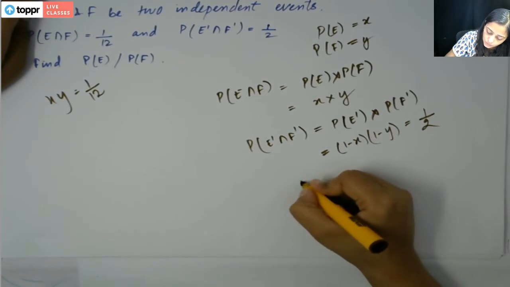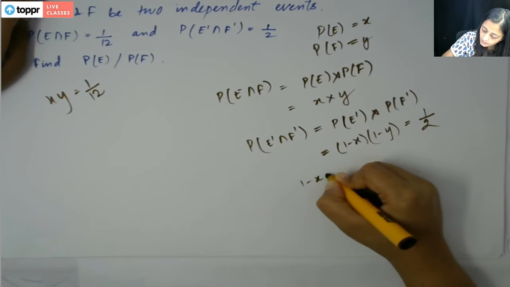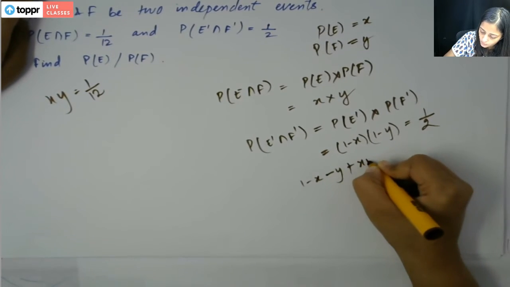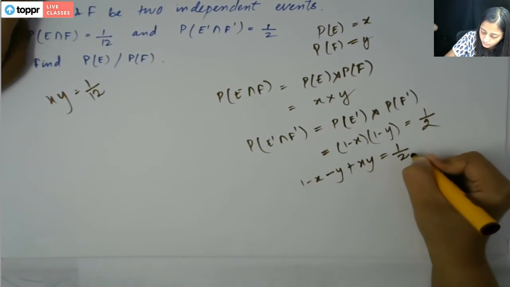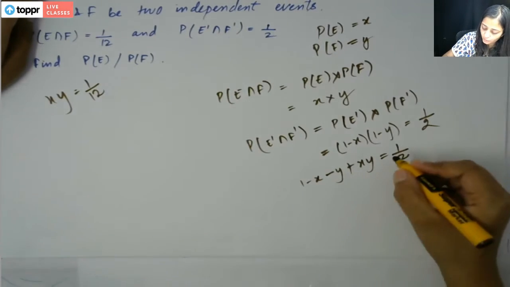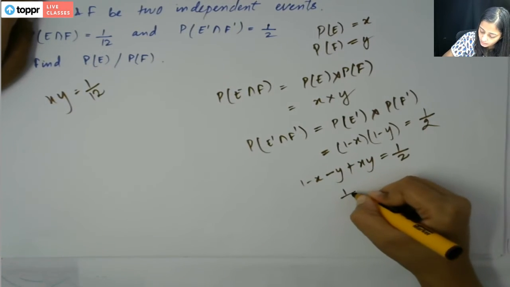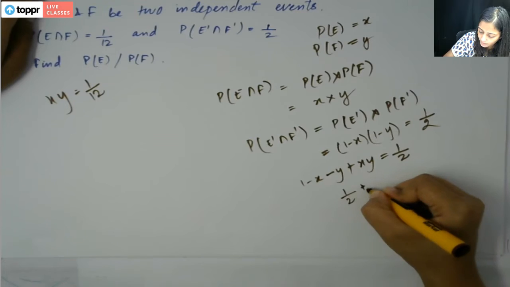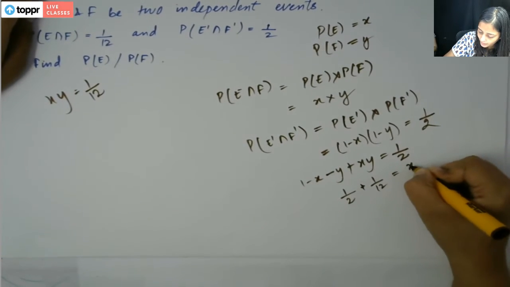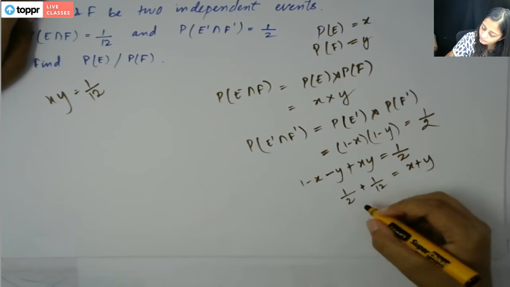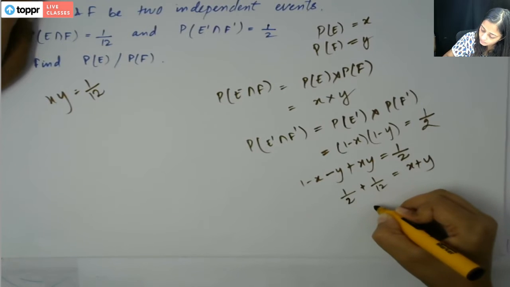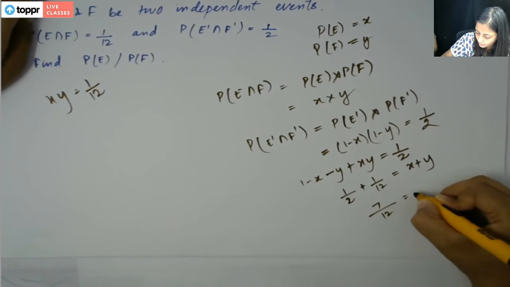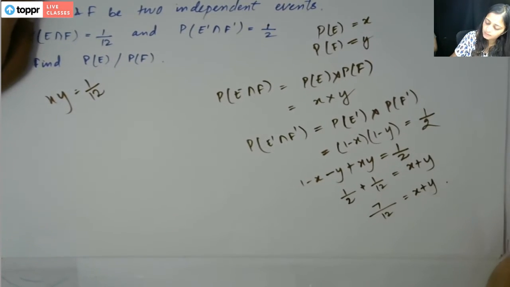So this implies 1 minus X minus Y plus XY equal to 1 by 2. And XY is 1 by 12. So what we get? 1 minus 1 by 2 plus 1 by 12 is equal to X plus Y. It is 7 by 12 equal to X plus Y.